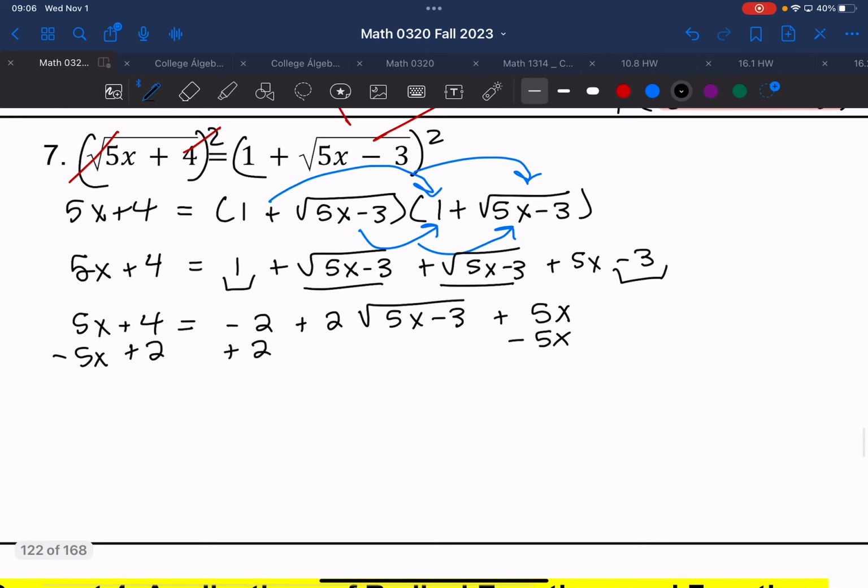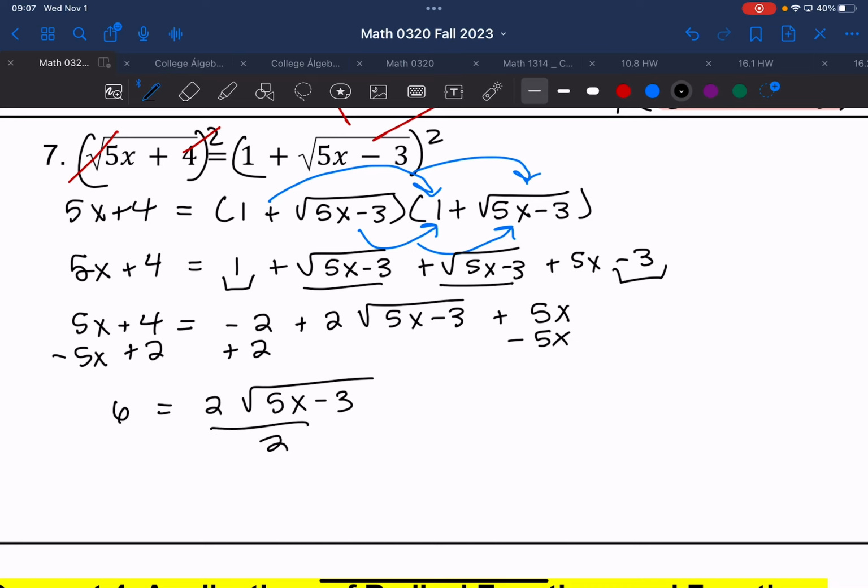Cancel, so I'm left with 6 is equal to 2 times the square root of 5x minus 3. Now I need to get rid of that 2, and I'm going to do that how? Divide both sides by 2. So I get 3 is equal to the square root of 5x minus 3.